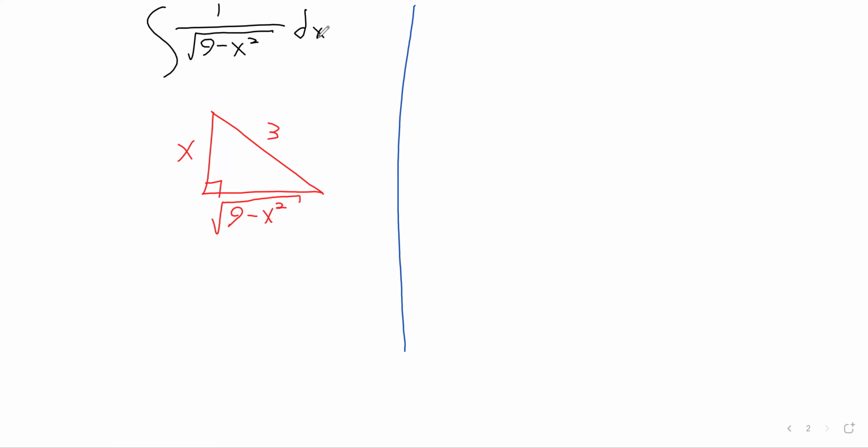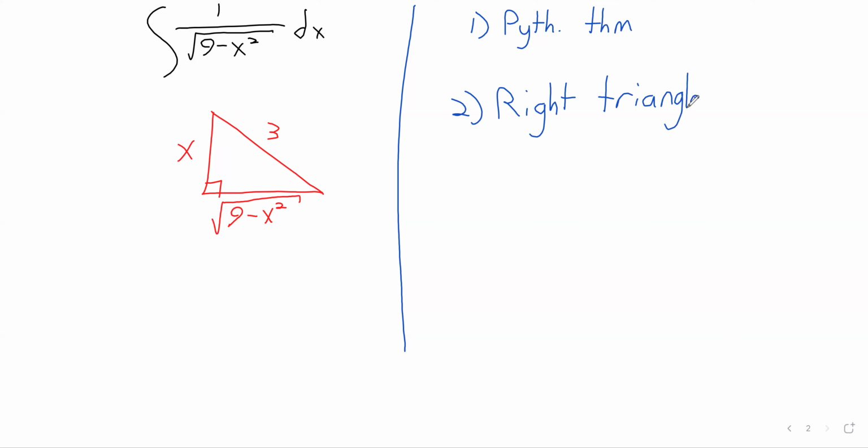And we ask ourselves, what can we do with a right triangle? There are sort of two standard things that we do with right triangles. We investigate them either with the Pythagorean theorem or with right triangle trigonometry.